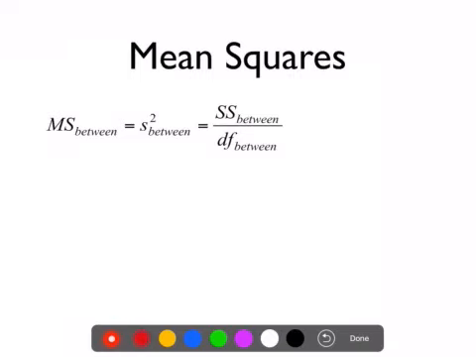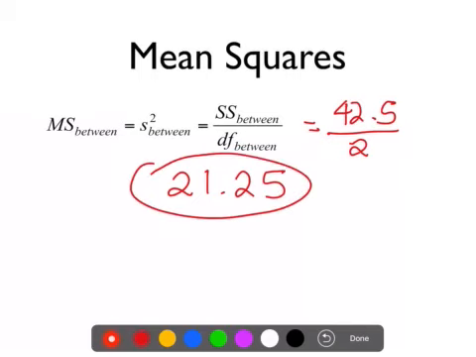Okay, so we already calculated our sums of squared between treatments as 42.5. We're using our previous degrees of freedom between, which is 2. We divide that out and we get 21.25.